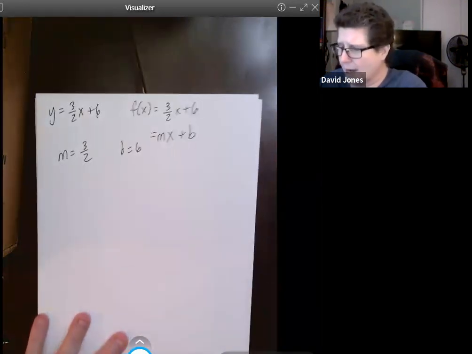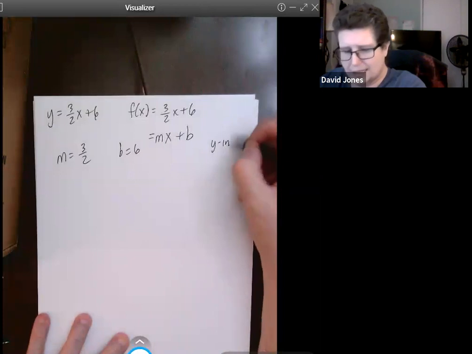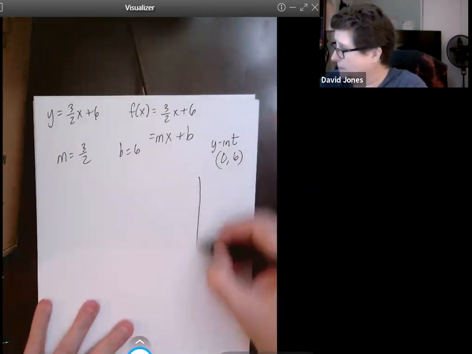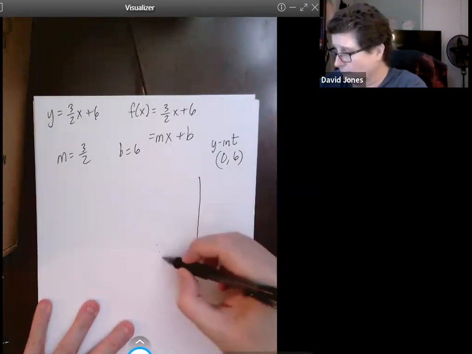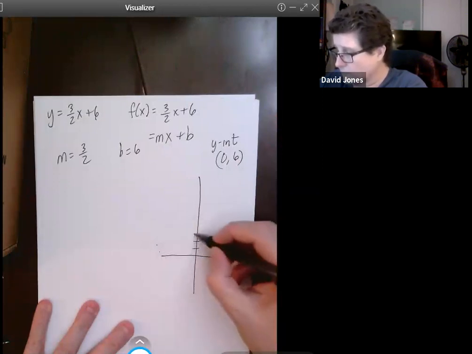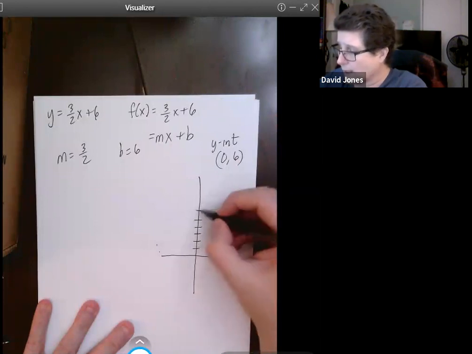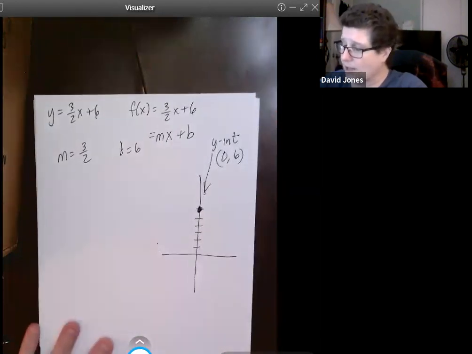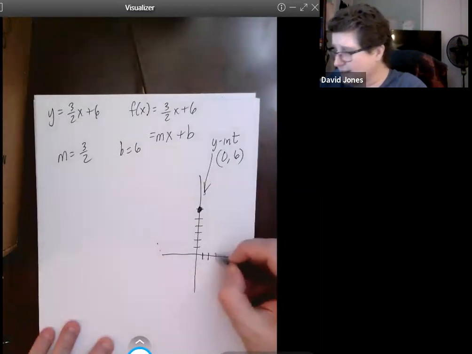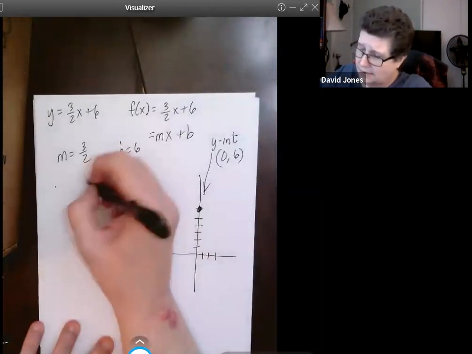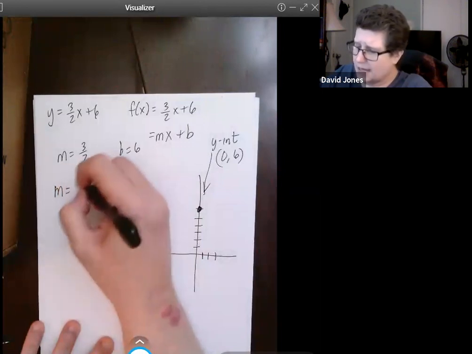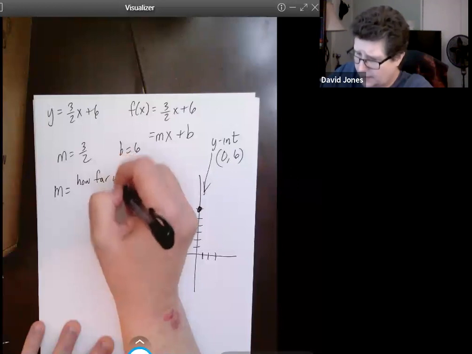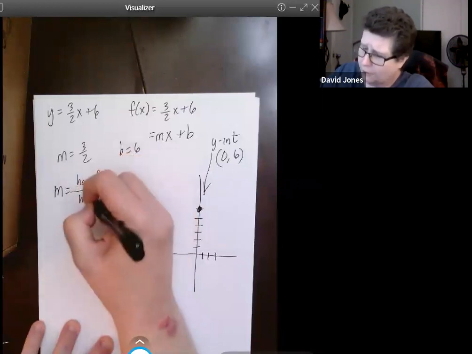We said the y-intercept, which we just looked at on the last page, was 0, 6. That's my y-intercept. The 3/2, m says how far up on top over how far right on bottom.